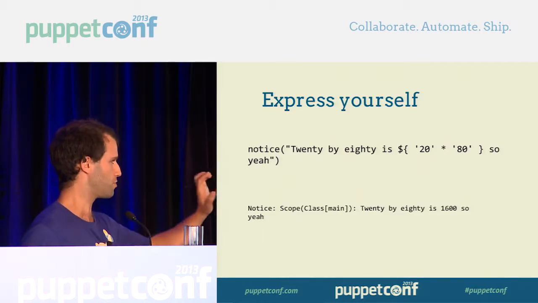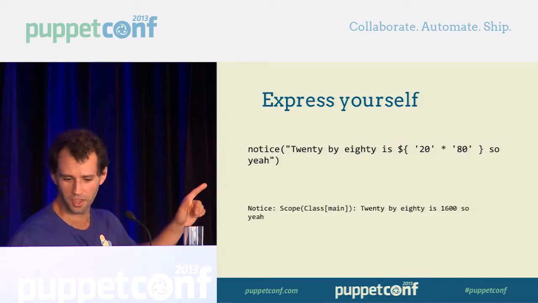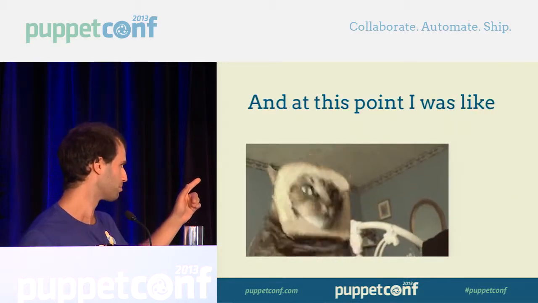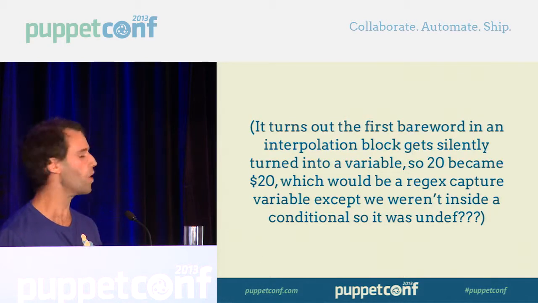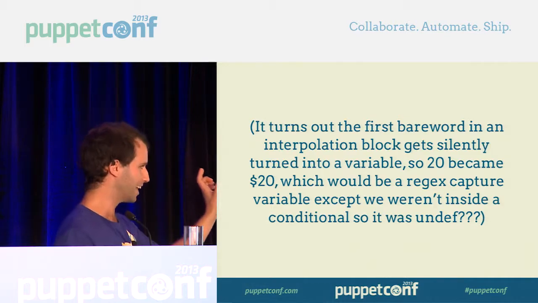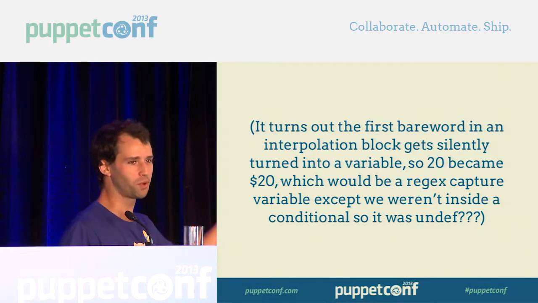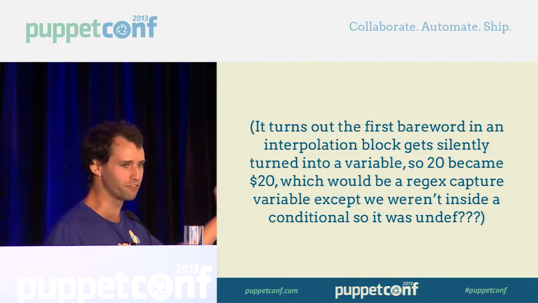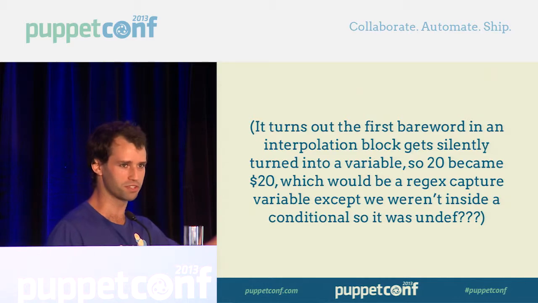but let's back up a second. What's really going on here? Let's skip to the GIF. Okay, so the first bare word in an interpolation block gets silently turned into a variable. So 20 became $20, and $20 is reserved for regex capture variables if you, for some reason, write a regular expression with more than 20 terms in parentheses.